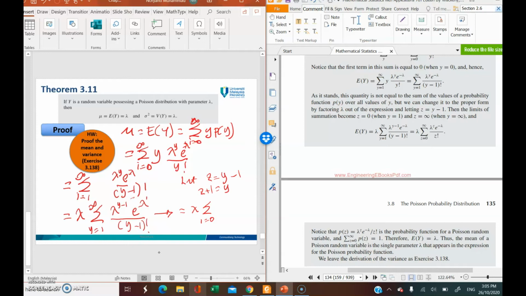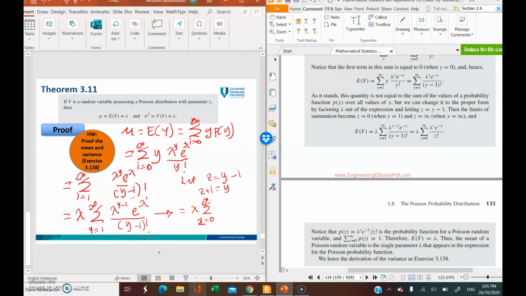So we cannot start with 1, we must start with 0. In order to start with 0, we let z equal to y minus 1. So that's why here you will have z from 0 until infinity.